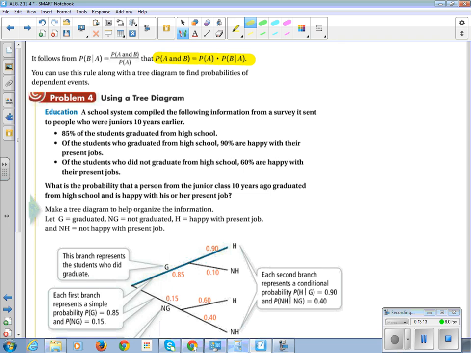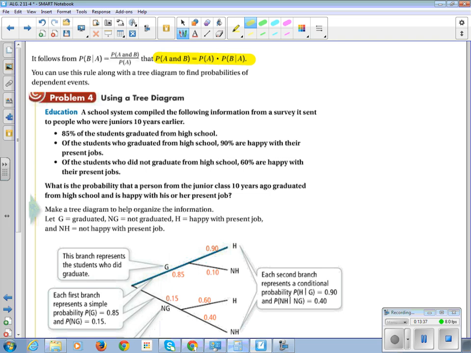So we're going to use a tree diagram. A school system compiled the following information from a survey it sent to people who were juniors 10 years earlier. 85% of students graduated from high school. Of the students who graduated from high school, 90% are happy with their present jobs. Of the students who did not graduate from high school, 60% are happy with their present jobs.